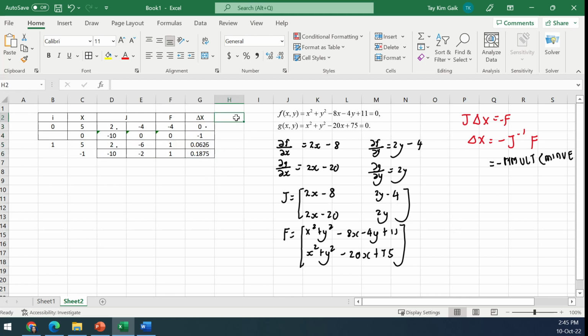And then this is the error of vector x, the magnitude of the vector x. How to stop?